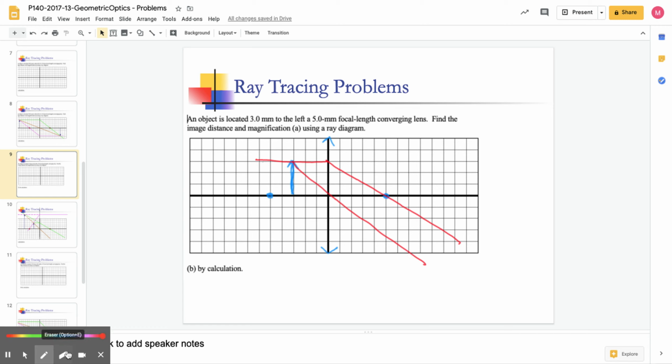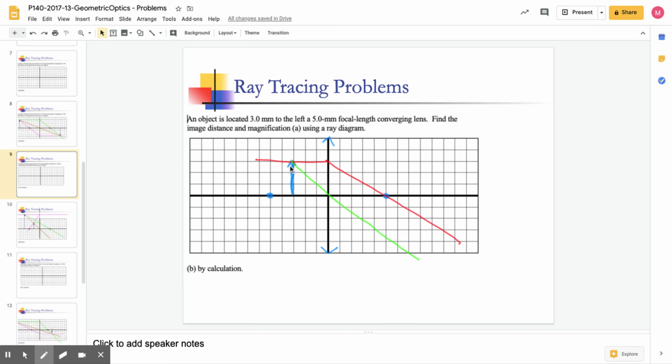Actually, let me erase that, because I really like to do it in different colors because it helps to see what's going on. So let's do this one as a green one. Not perfect, but it'll do. And let's do the last one in yellow.